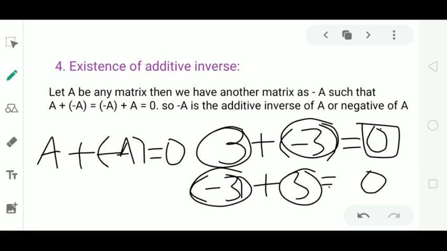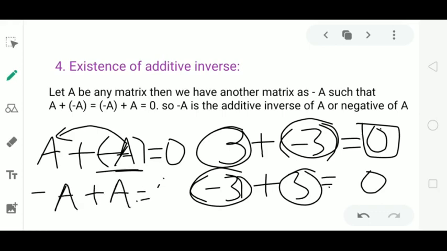So we can consider minus A, that is negative of A, as the inverse of matrix A. Also, minus A plus A will be equal to 0 matrix, where 0 is the additive identity. Hence, minus A is the additive inverse of given matrix in case of addition of matrices.